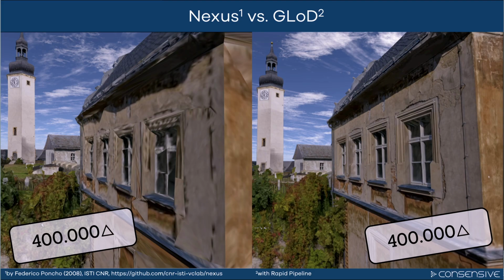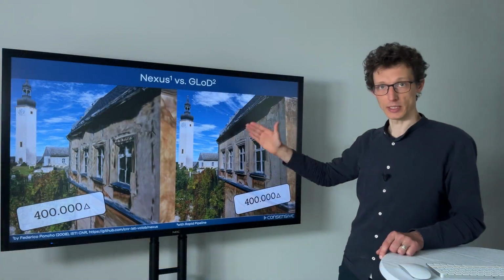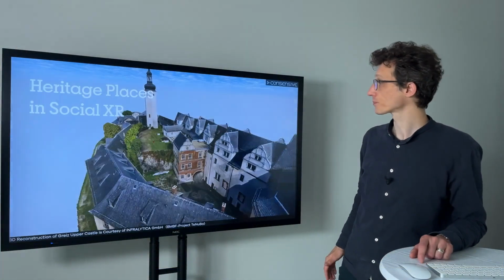However, at higher levels of the level of detail hierarchy, we see quite some distortion in the representation of the models, and that's due to incorrect texture reparameterization. RapidPipeline does that correctly, hence the GLoD format looks much better at a similar triangle count.